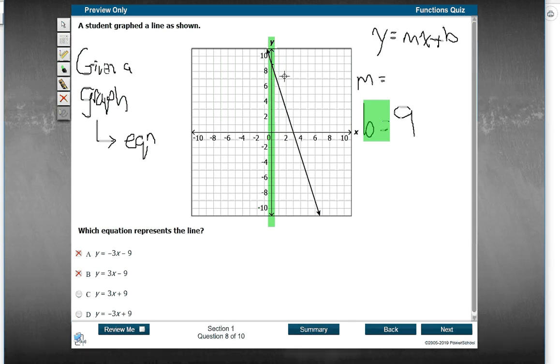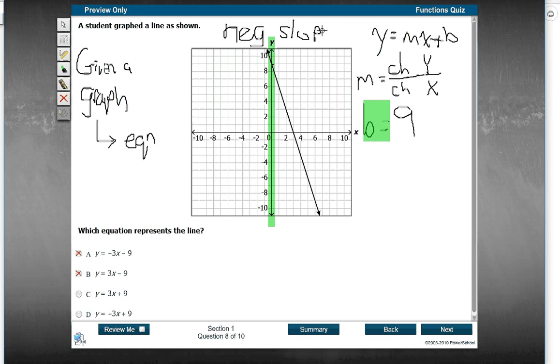All right, so now we can say, okay, what is going to be our slope? There's a couple of different ways you can approach this. You can do your normal change in y over your change in x, or if you're using all of your resources, you can say, hey, I know that this graph, just looking at it, is going to be a negative slope.